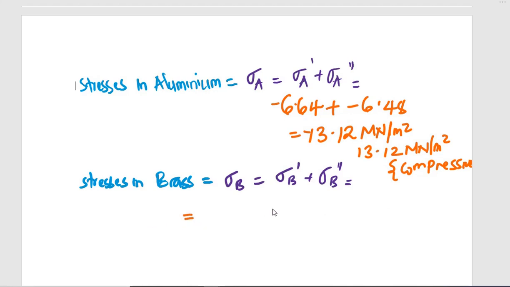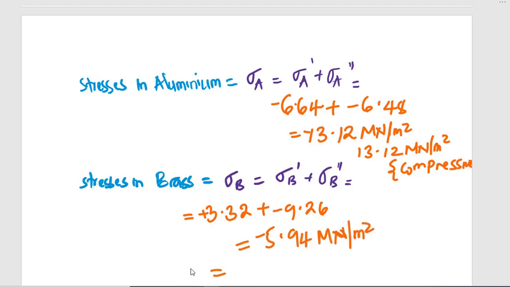These are going to be 3.32, which is tensile, plus 9.26, which is compressive, and therefore the answer becomes negative 5.94 meganewton per square meter, which gives you the stress in brass to be 5.94 meganewton per square meter, and this is also compressive.